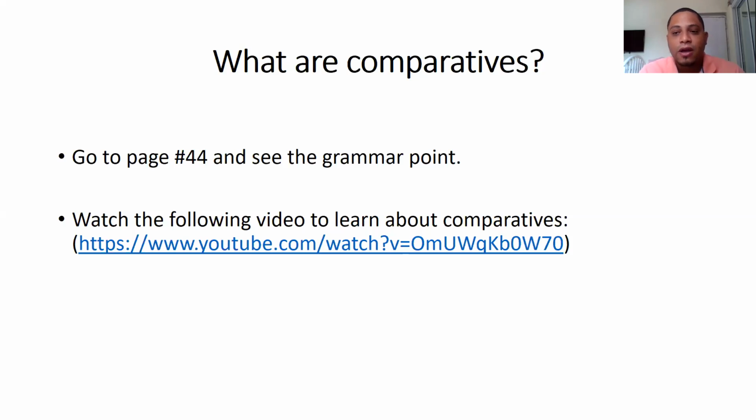So go there to page number 44 and you're going to see the adjectives. You're going to see the comparative form and the superlative form. The difference between a comparative and a superlative is that comparatives, you use them to compare two things, two people, two animals, two objects.